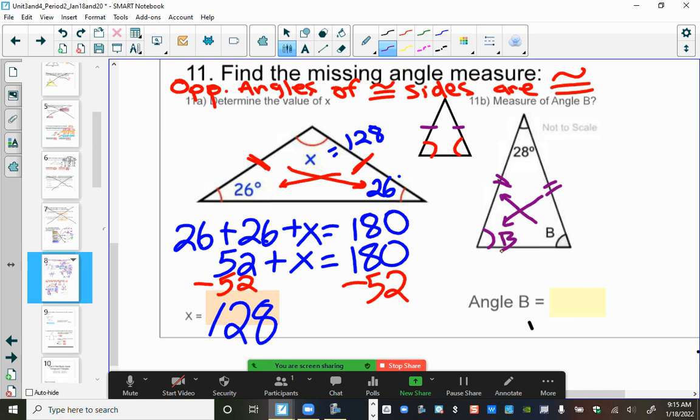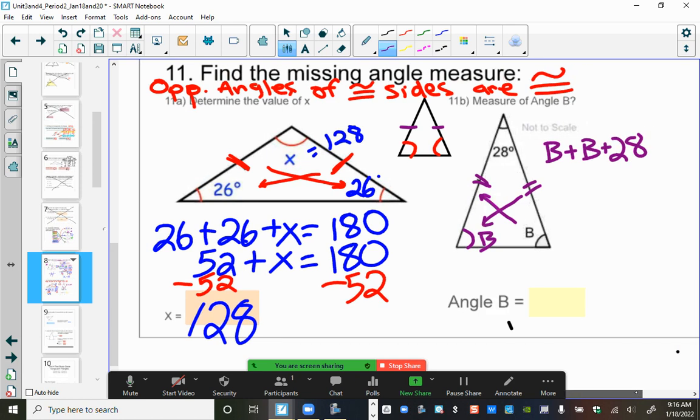Now, we have enough information to solve for angle B. Because what do we know about the sum of the three angles? B plus B plus 28 adds up to 180.